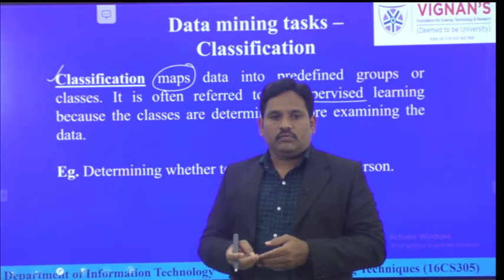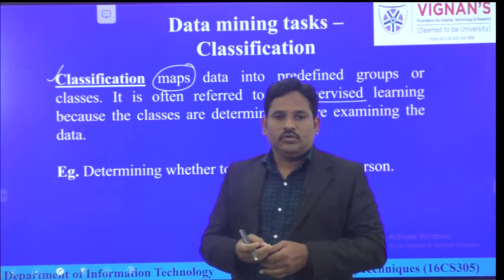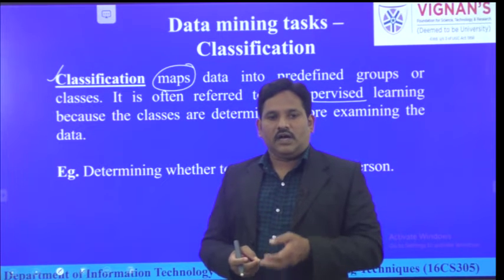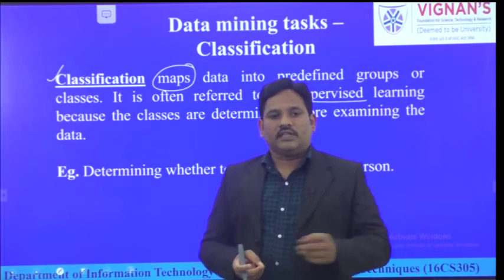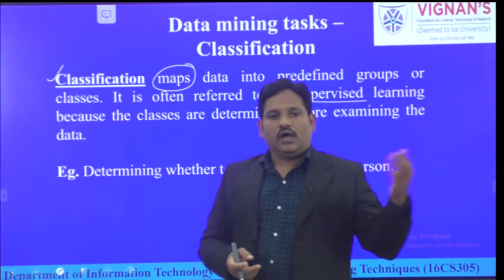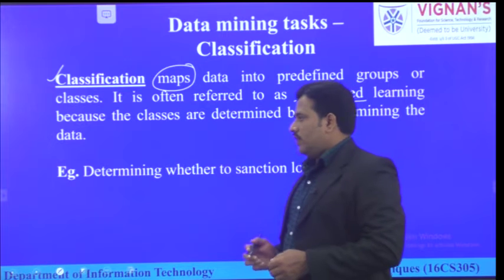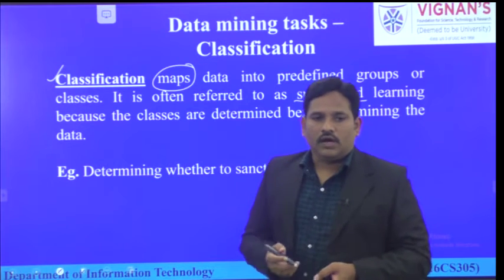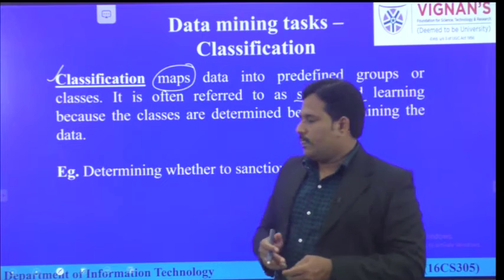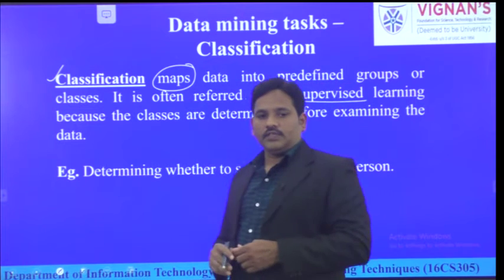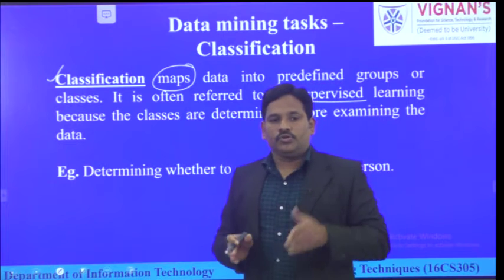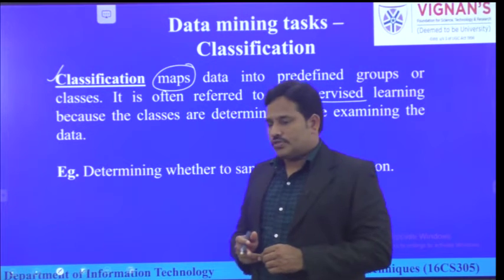If any item came as input, based on its property, or by seeing its structure, color, size and hardness, we have to make a conclusion whether it is a fruit or a vegetable. So here the output is already known for us. When the output is already known and we are mapping an input to the known outputs, that is called classification, or you can say supervised learning.